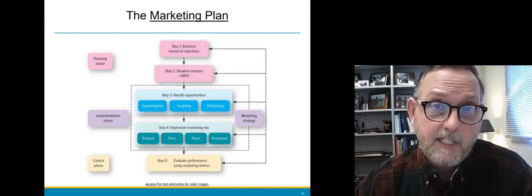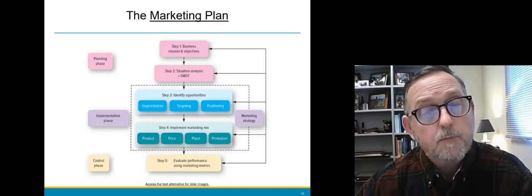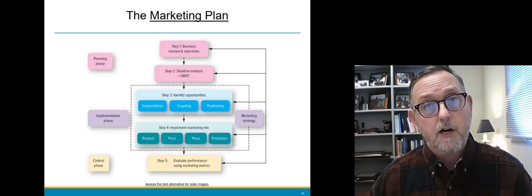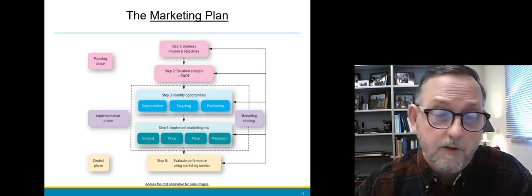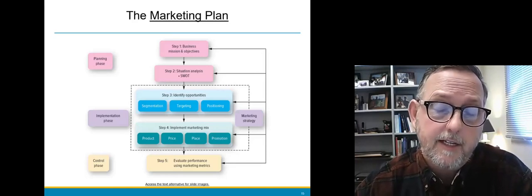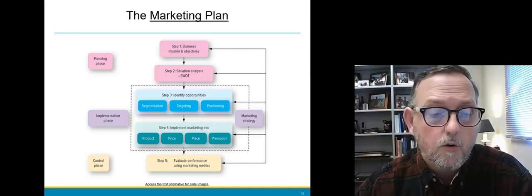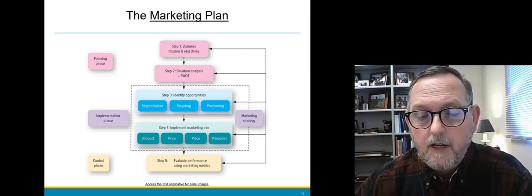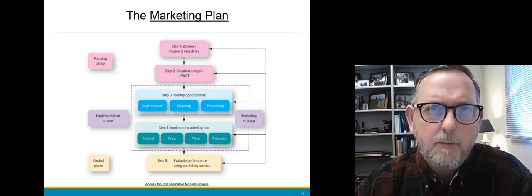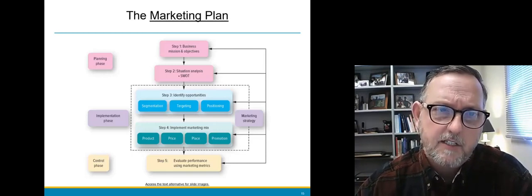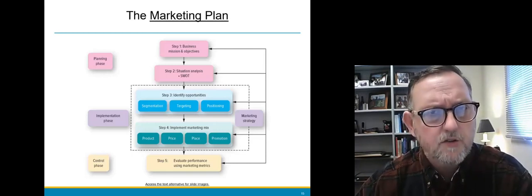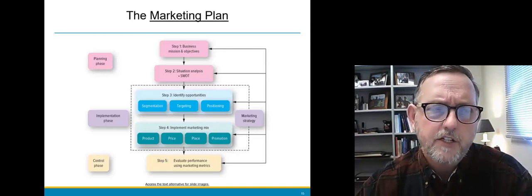And again, it mimics what you might see in a business plan, where the first part is a very broad overview of the organization, including the mission and an evaluation or a synopsis of the environment in which the business operates. So step 1 and 2 deal with those kind of overview issues.